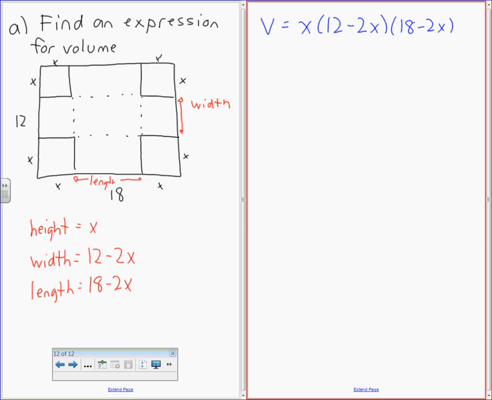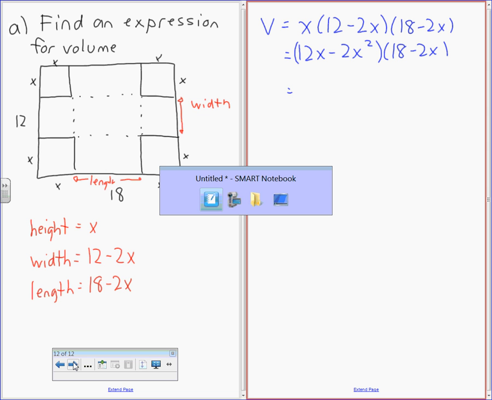Let's go crazy and FOIL that out. Okay, so that's going to be 12x minus 2x squared times 18 minus 2x. When I FOIL that out, I get, oh boy, 12 times 12 is 144. Let's check that so I don't make another mistake. Why does my calculator disappear?